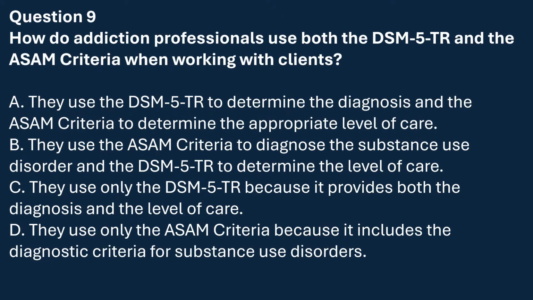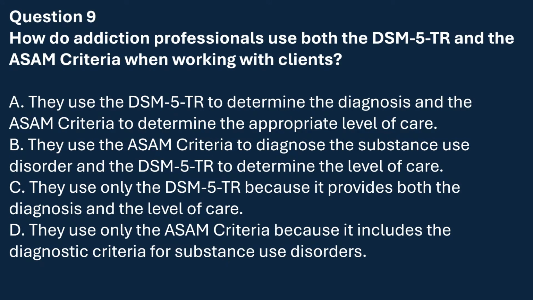Question 9. How do addiction professionals use both the DSM-5 and the ASAM criteria when working with clients? A. They use the DSM-5 to determine the diagnosis and the ASAM criteria to determine the appropriate level of care. B. They use the ASAM criteria to diagnose the substance use disorder and the DSM-5 to determine the level of care.